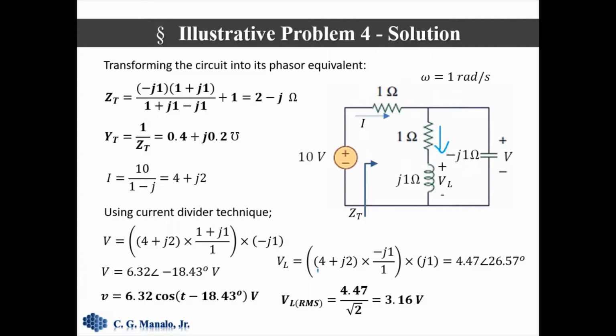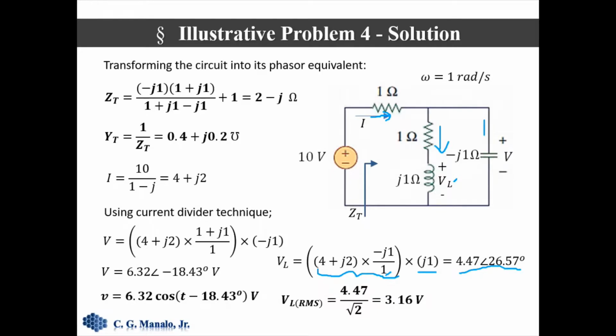So that would be this current times this impedance divided by the total impedance of the two branches, which is again 1. And then we multiply the whole thing by the inductive reactance of this inductor so that we could get a phasor voltage across it. So this is our answer.